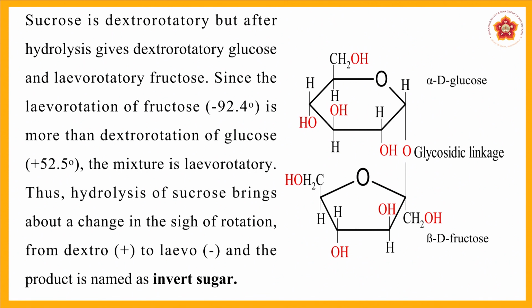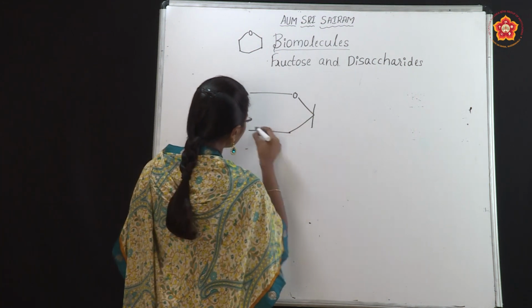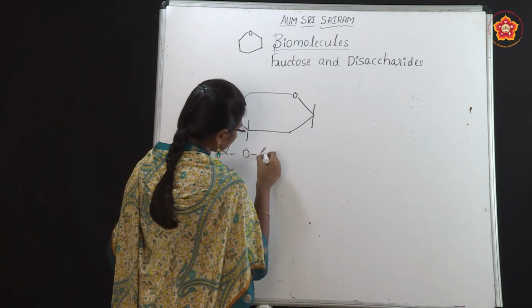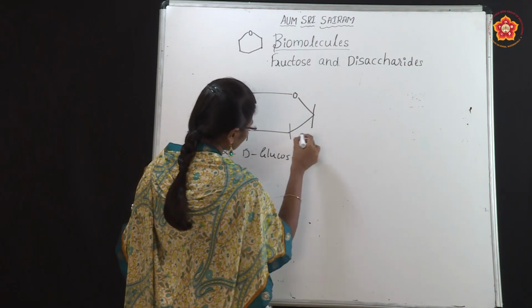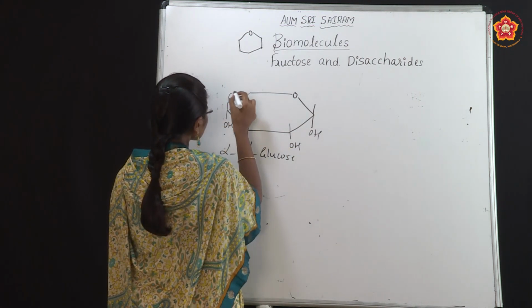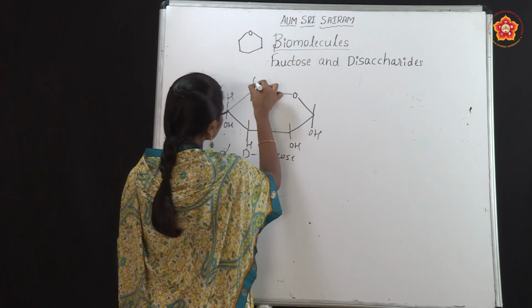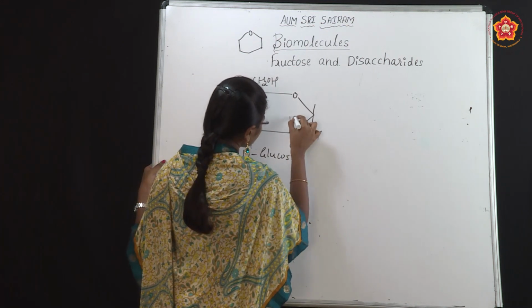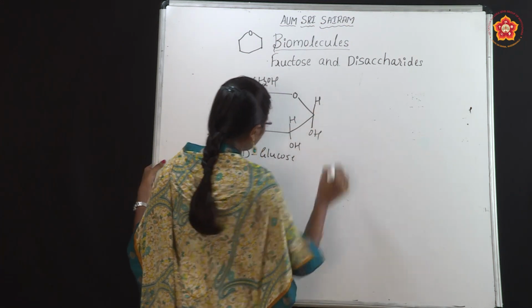So just see the structure here. We are taking alpha D glucose and beta D fructose. Now separately you write the structures. This is alpha D glucose. How will we write alpha D glucose? Here OH, so this is the alpha D glucose.